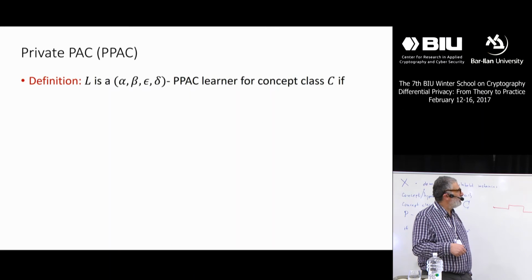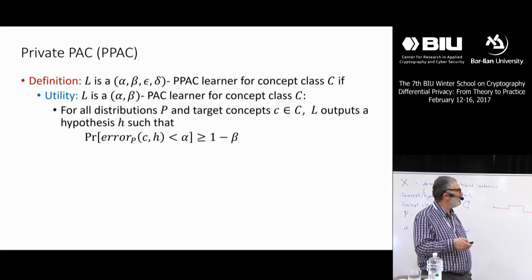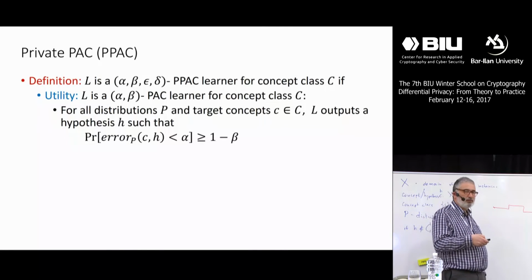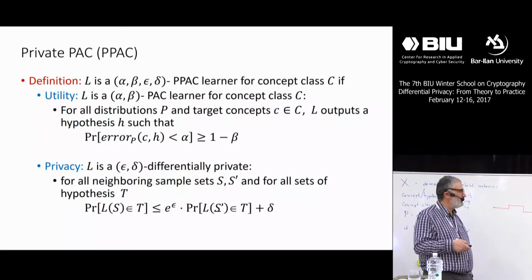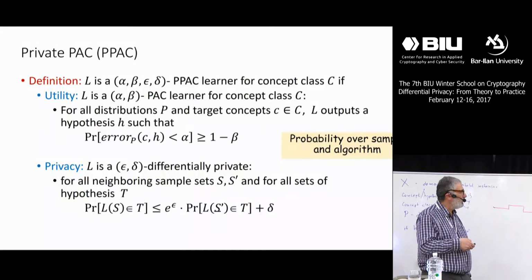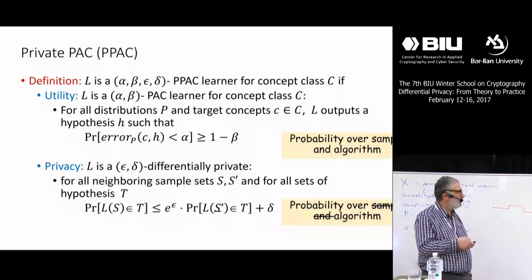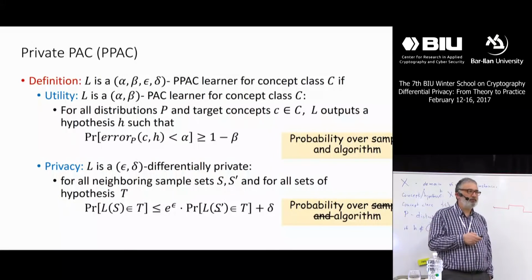And we say that L is a private PAC learner for concept class C if two things happen. One, it has to be a PAC learner with the parameters alpha and beta. And the second requirement is that it's differentially private with the parameters epsilon and delta. So here we see our average case requirement, because here the probability is over the sample and over the algorithm. But here the probability is only over the randomness of the algorithm.